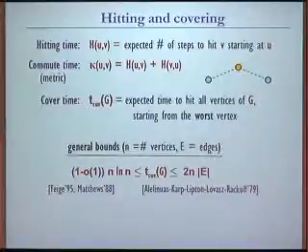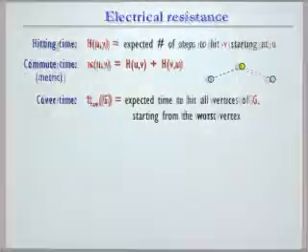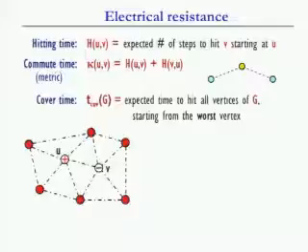This was done by Feige in '95, but basically a variation of Matthews' old argument can give you this up to a constant. Okay, so again, these are hitting times. These are cover times. And we'll connect them to electrical resistance in a moment.